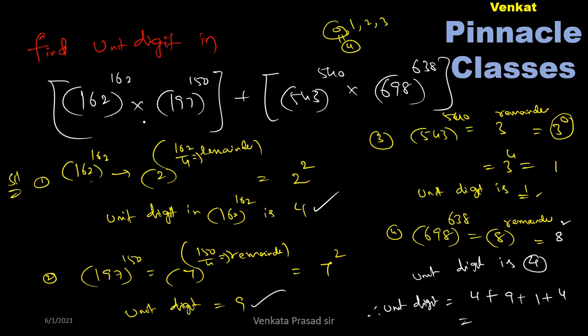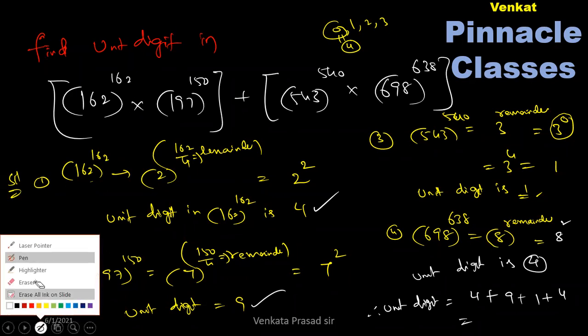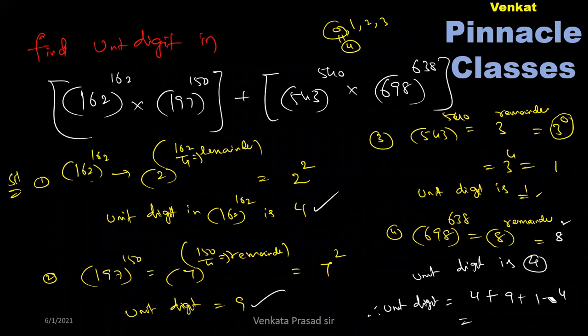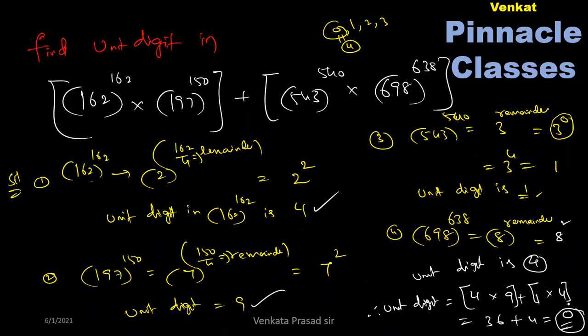Sorry, one more thing: there is multiplication here. 9 fours are 36, so the unit digit is 6. Actually, the unit digit is 0. Be careful, actually I'm not seeing the multiplication, I'm taking addition. Be careful.